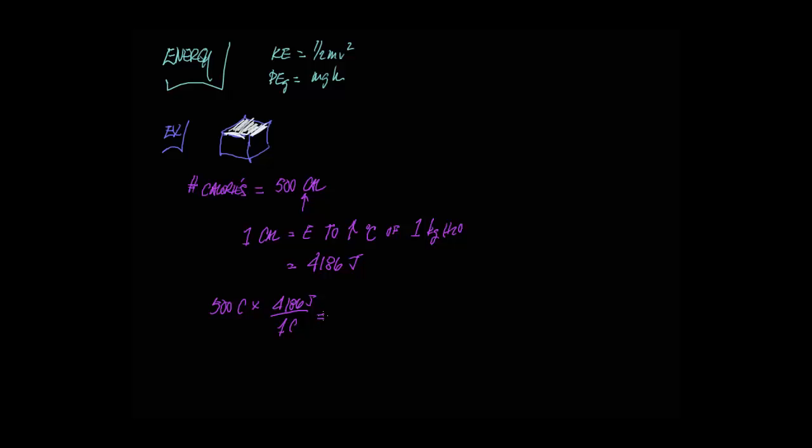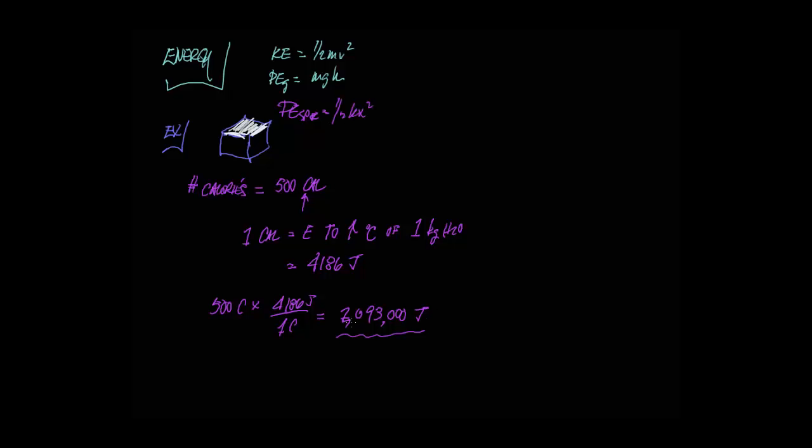500 times 4186 should give us 2,093,000 joules of energy. Now, energy is energy, as they say. So we have kinetic energy up here, a potential, and also potential due to a spring, which is half kx squared.